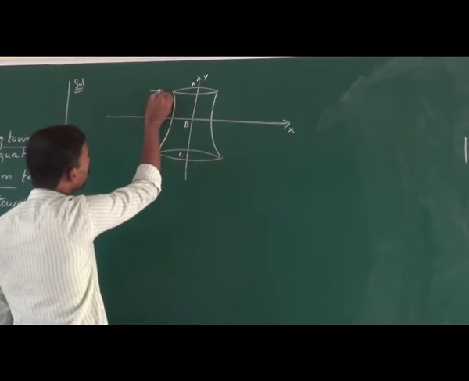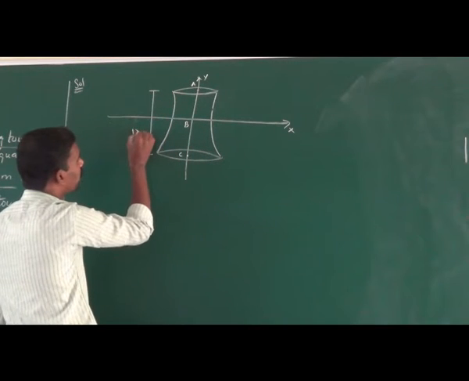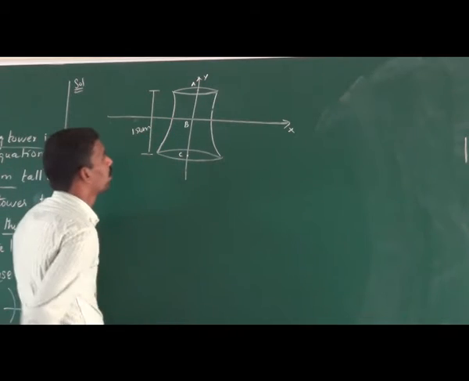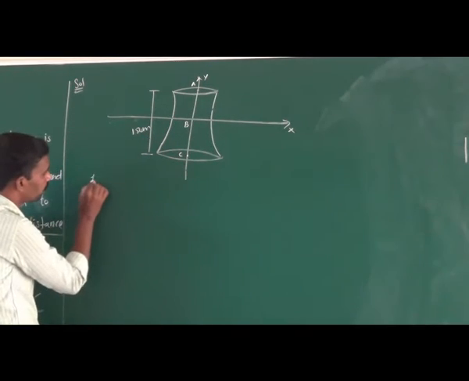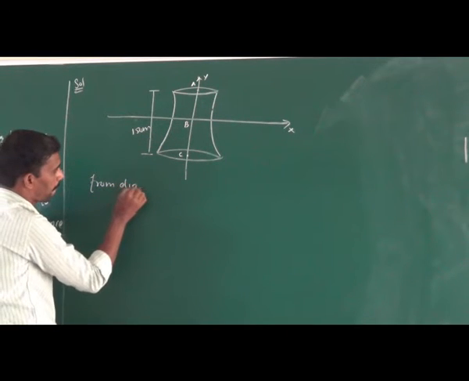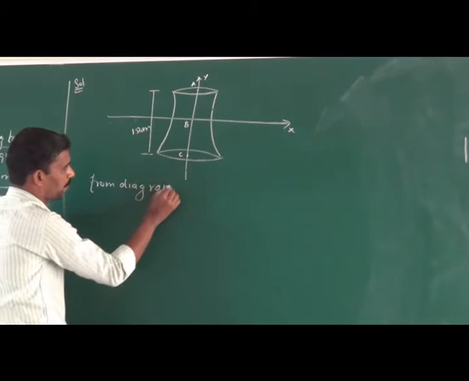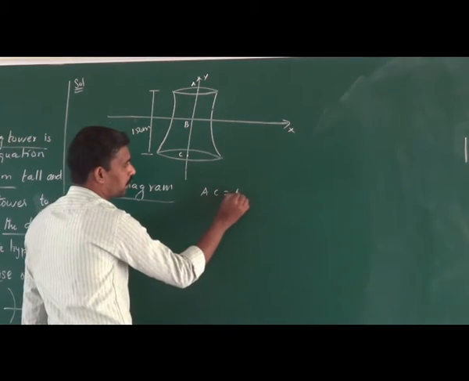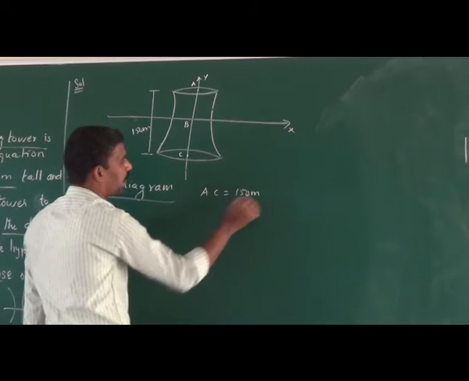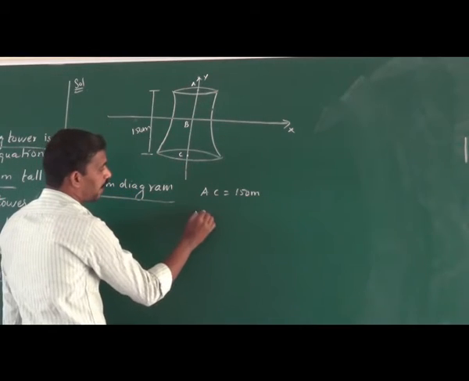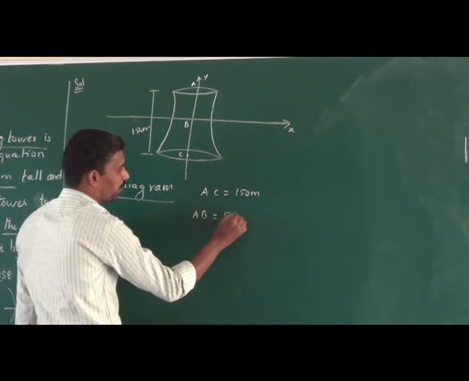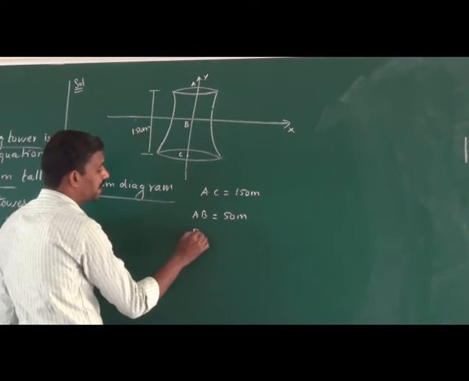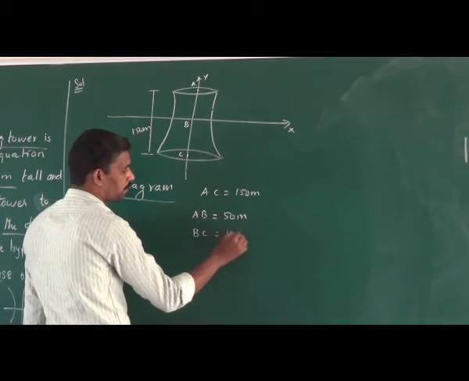Now the overall tower is 150 meters. So from the diagram, AC is equal to 150 meters, AB is equal to 50 meters, and BC is equal to 100 meters.